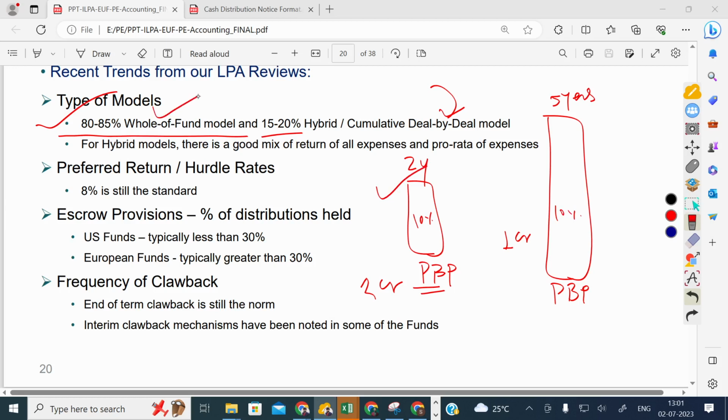Same logic you can apply to the whole of fund model. The whole of fund model ensures early repayment of interest and principal to limited partners, and that's the best advantage, because they can reinvest it. If the investor receives their capital and interest payment within 2 years, they can reinvest it in other deals as well.